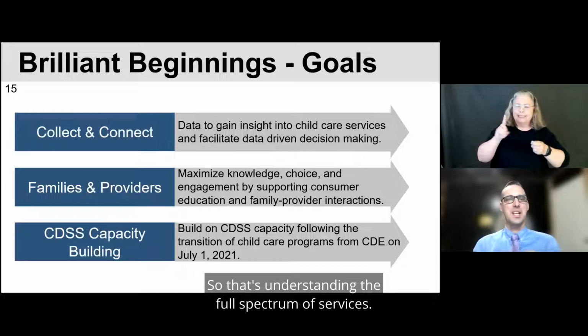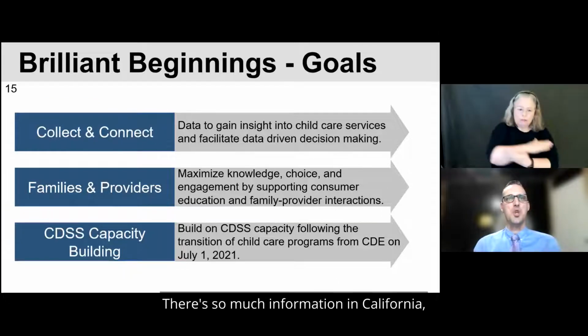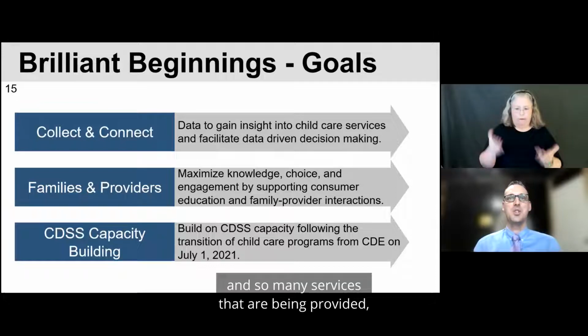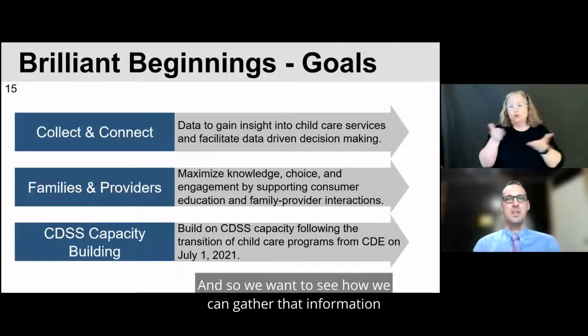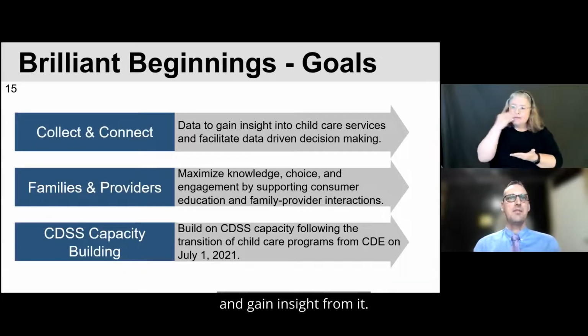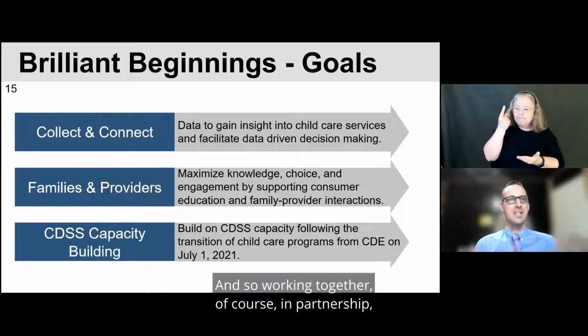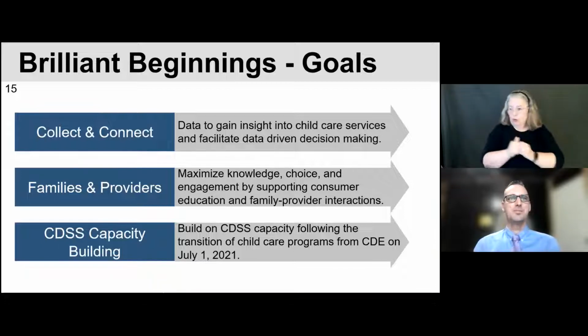So that's understanding the full spectrum of services. There's so much information in California, and so many services being provided, and so much positive and great service. And so we want to see how we can gather that information and gain insight from it, working together, of course, in partnership.